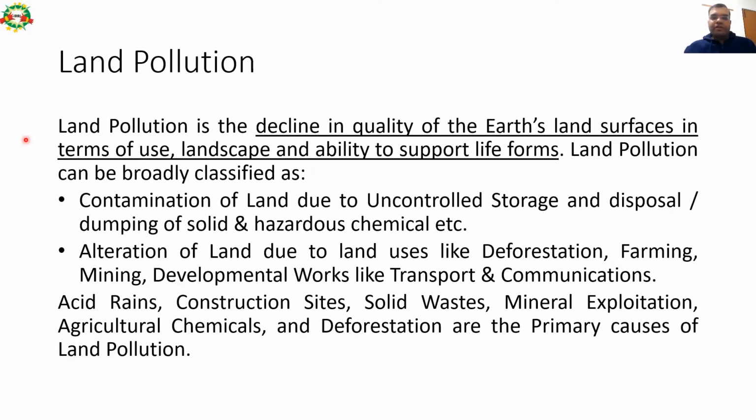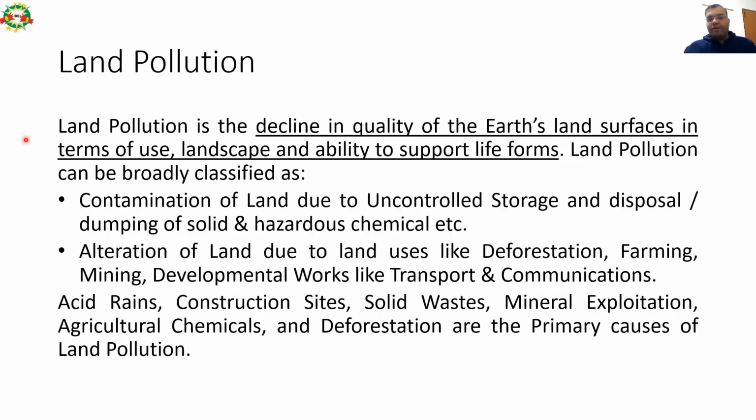So land pollution is the decline in quality of the earth's land surface in terms of use, landscape and ability to support life forms. So a 1 mark theory question can also come out of it.